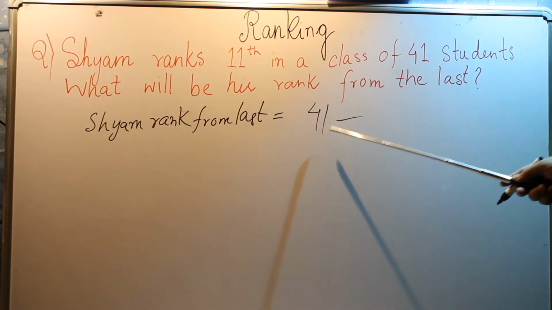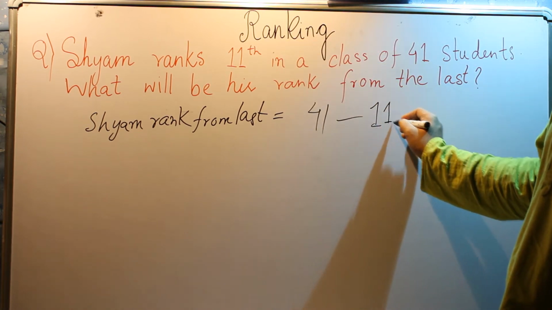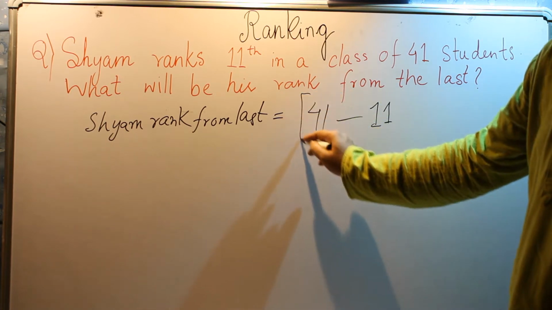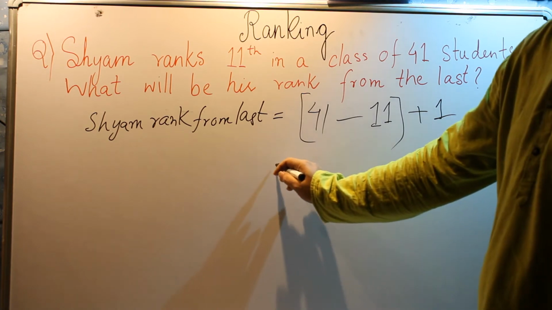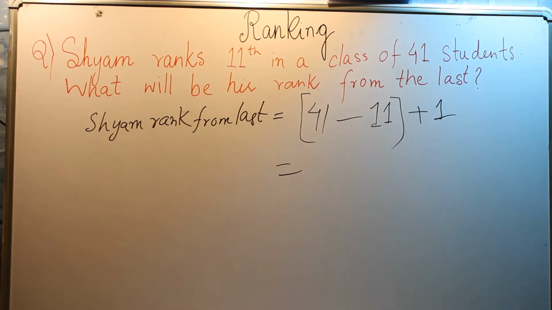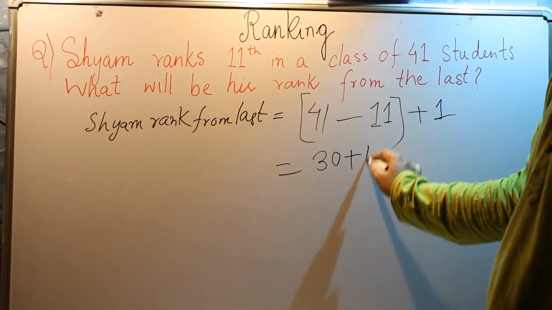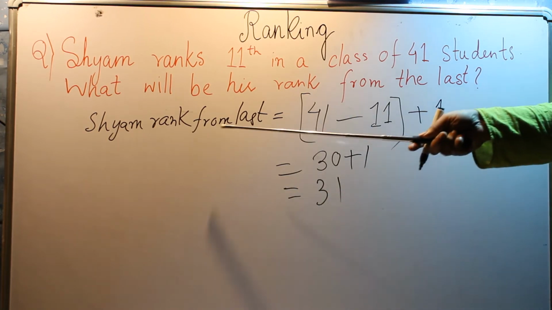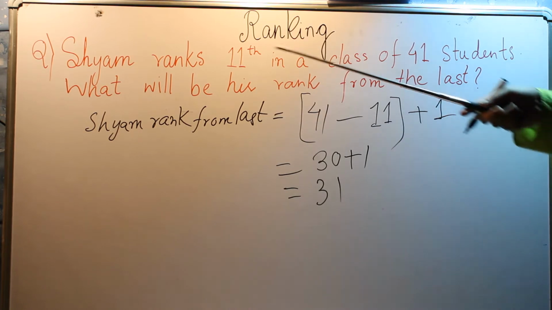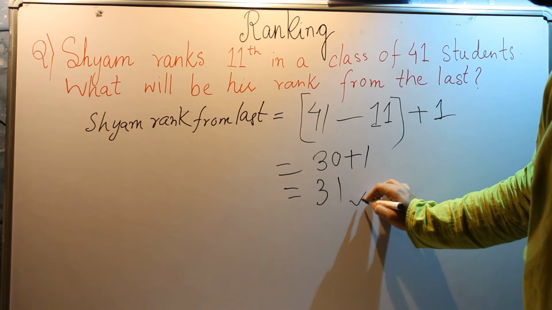So total number of students minus his actual rank from the top, plus 1. So 41 minus 11 is 30, and add 1, it comes as 31. So Shyam's rank from last is 31, and from the top it is 11th. This is how you solve questions of this type.